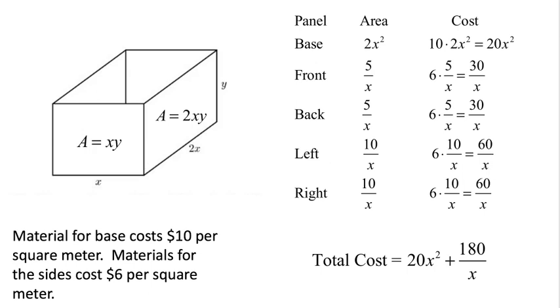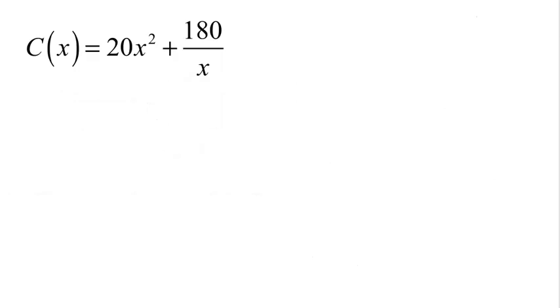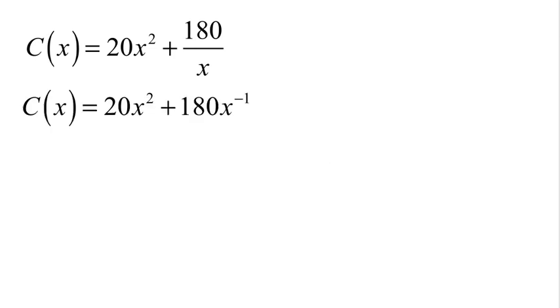We're going to find a critical value by taking the first derivative, set it equal to 0, and then solving for x. So here is my cost function. C of x is 20x squared plus 180 over x, which we'll rewrite as 20x squared plus 180x to the negative 1.